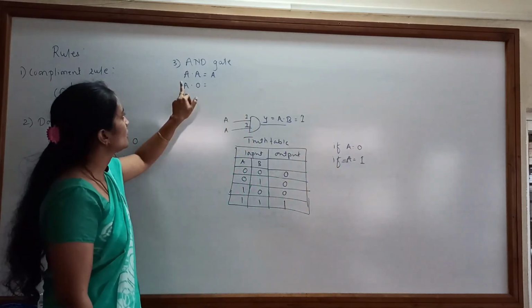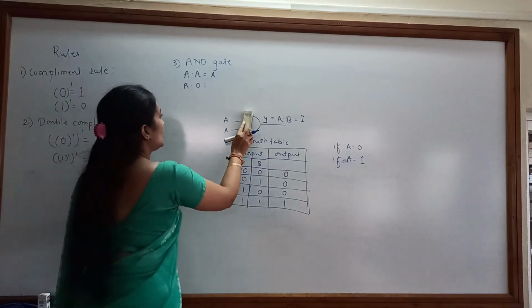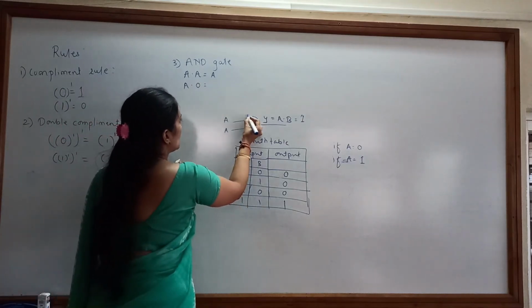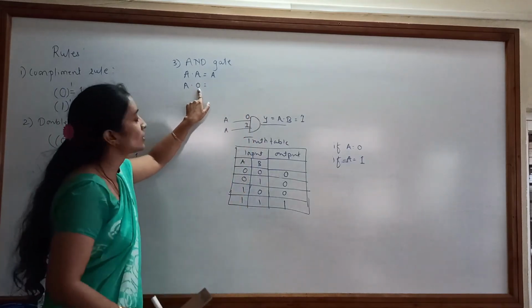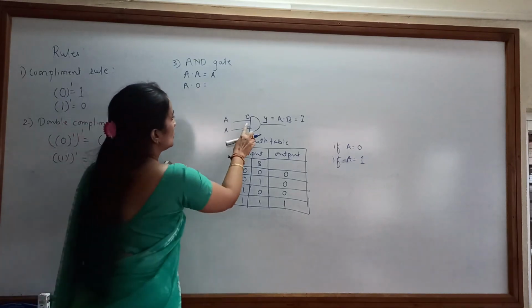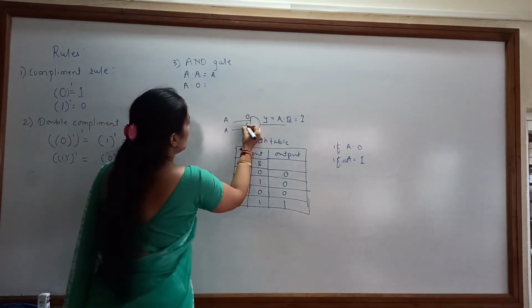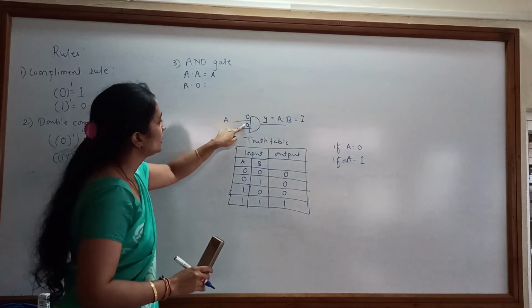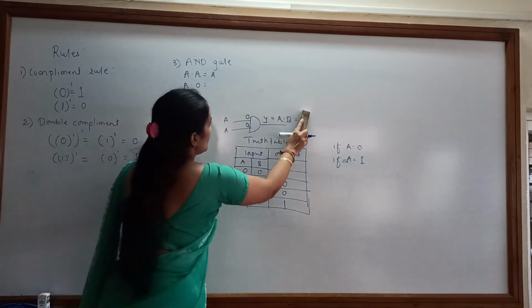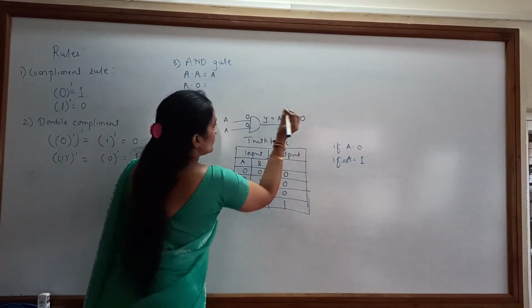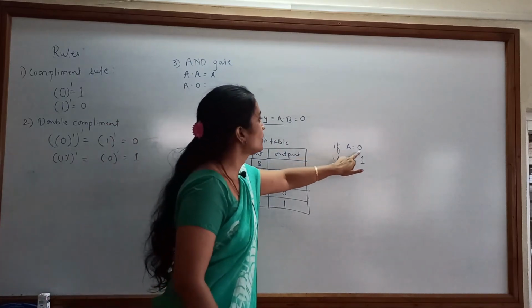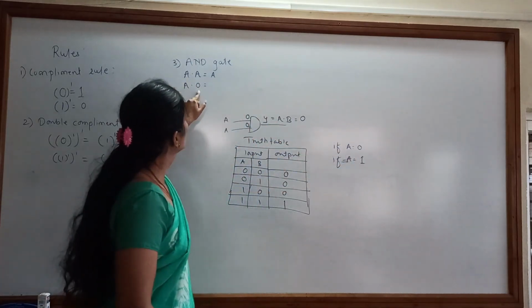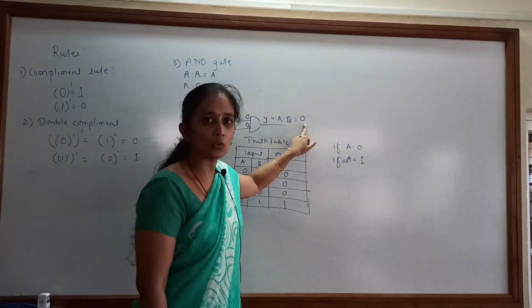What is the expression? A into 0. A is equal to 0. And second input is compulsory 0. Then I will write here 0. 0 into 0. What is the answer? 0. In case if A is equal to 0, A into 0 we are getting 0.